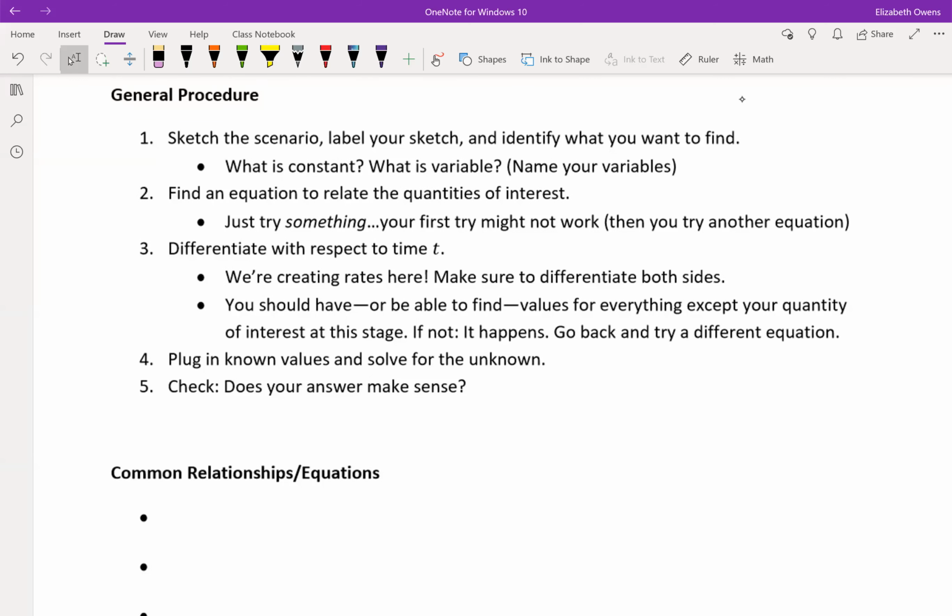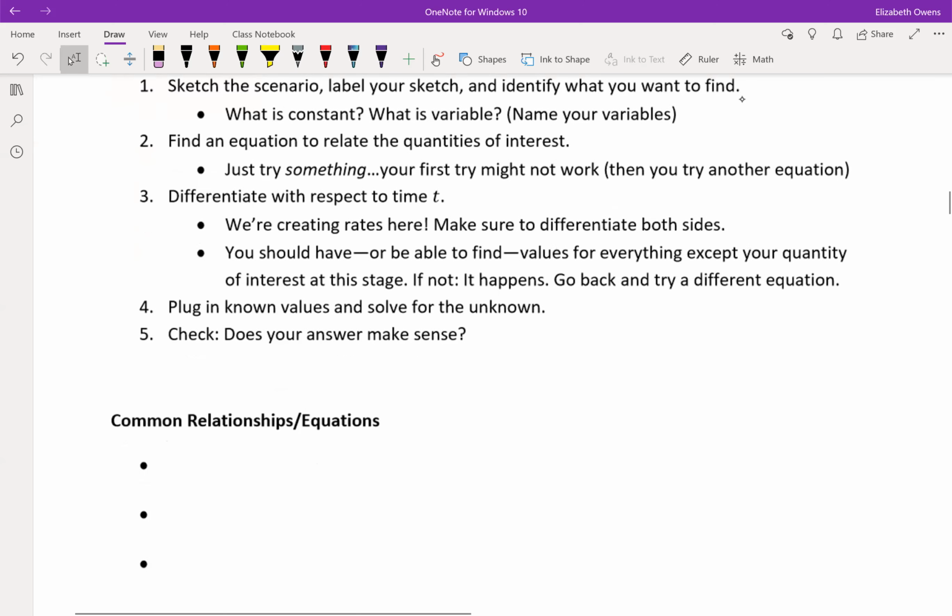So there's our procedure, and you might have noticed that in these examples there were some common equations and relationships that came up a couple times, or a general theme among some of these equations. So some things to be considering when you're doing step 2 here, finding an equation for your problem.